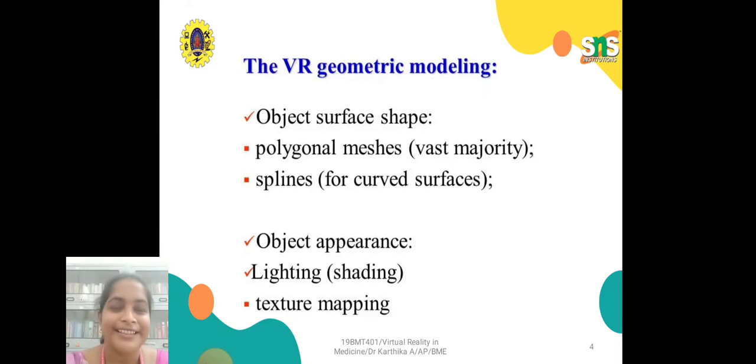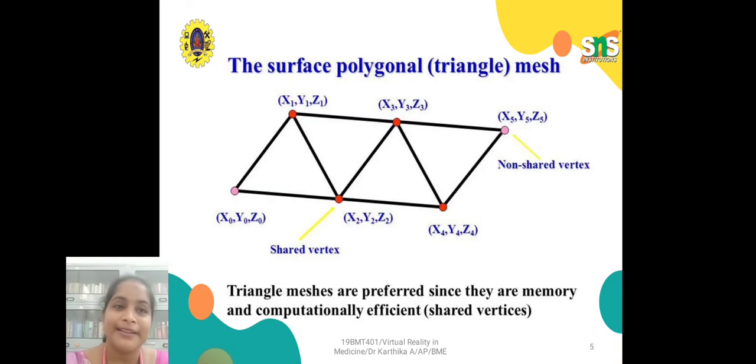See here the VR geometric modeling. Here the object surface shape, polygonal meshes and splines, object appearance, lighting and texture mapping are covered for geometric modeling. In a surface polygonal triangle mesh, we consider shared vertices and also non-shared vertices.